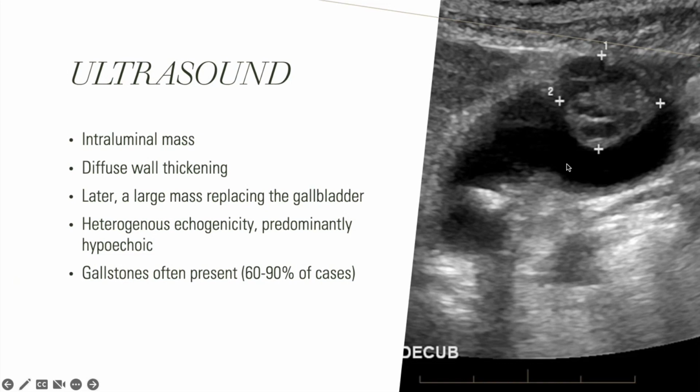These are also very heterogeneous as far as their echogenicity. They may be more hypoechoic as well, as we are seeing here in this image. And you typically will see some gallstones present in most of these cases, 60 to 90%.